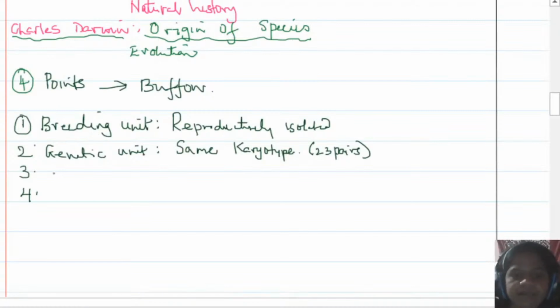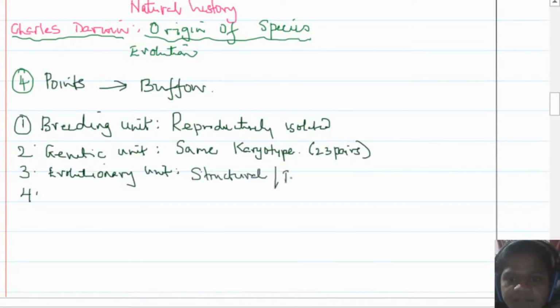The third one is an evolutionary unit. Now, what does evolutionary unit mean? That means they have the same structural and functional characters.